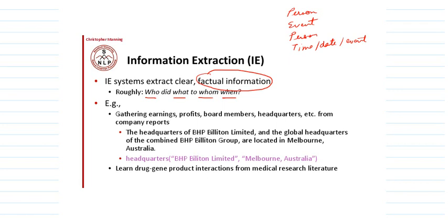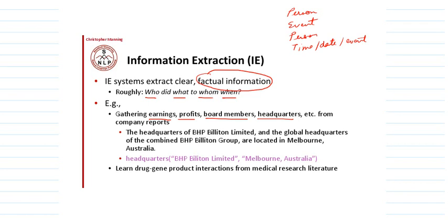An example is gathering earnings, profits, board members, headquarters, etc. from company reports. There is a company which has some reports generated for a given period of time. It has to extract the earnings, the profits, the names of the board members, and the name of the headquarters, right?